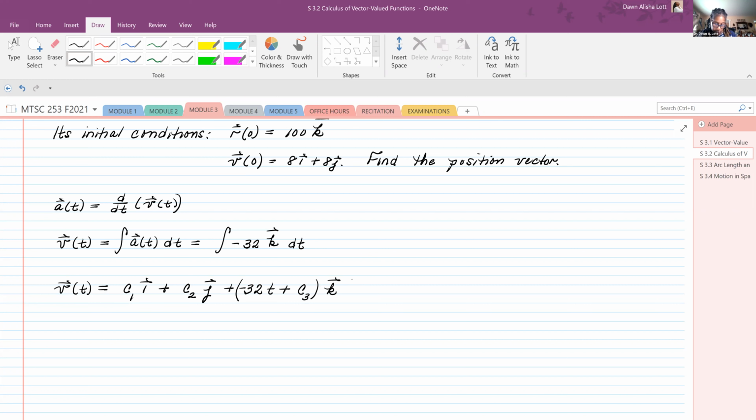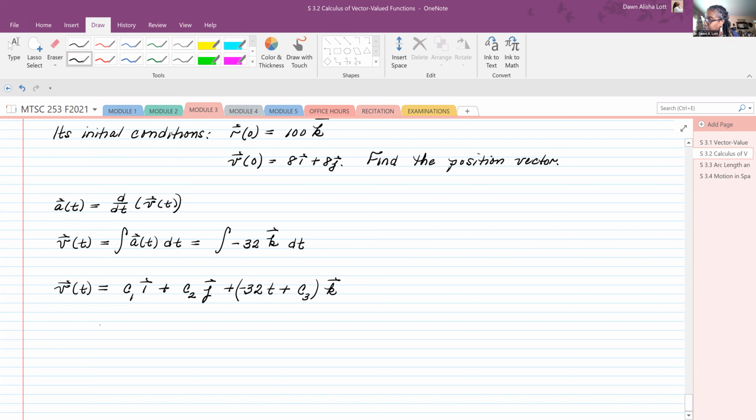Going backwards, you have to add constants of integration for each i, j, and k component. Since there's nothing in i, it could have been C1 i, and I differentiated it and got 0. So I need C1 i, I need a C2 j, and the negative 32k integrates back to negative 32t plus a constant.